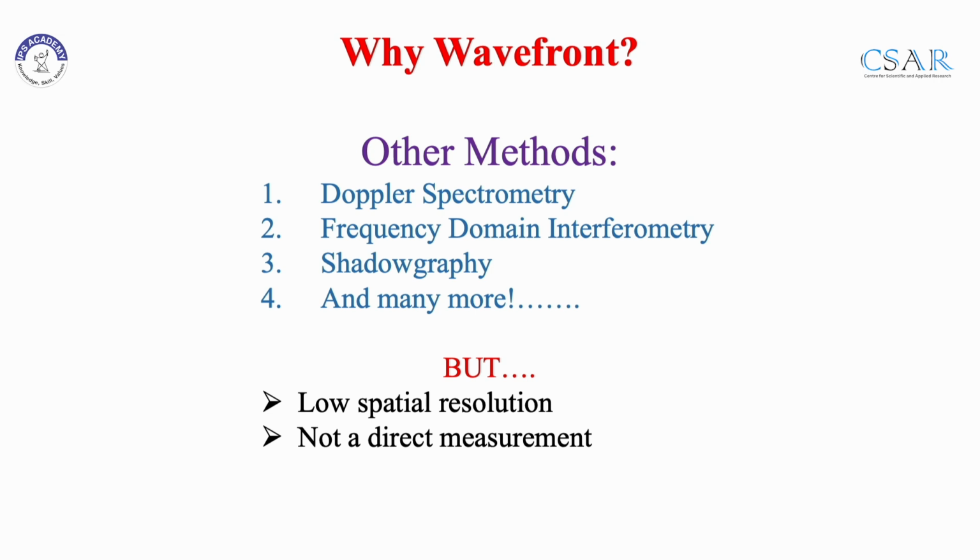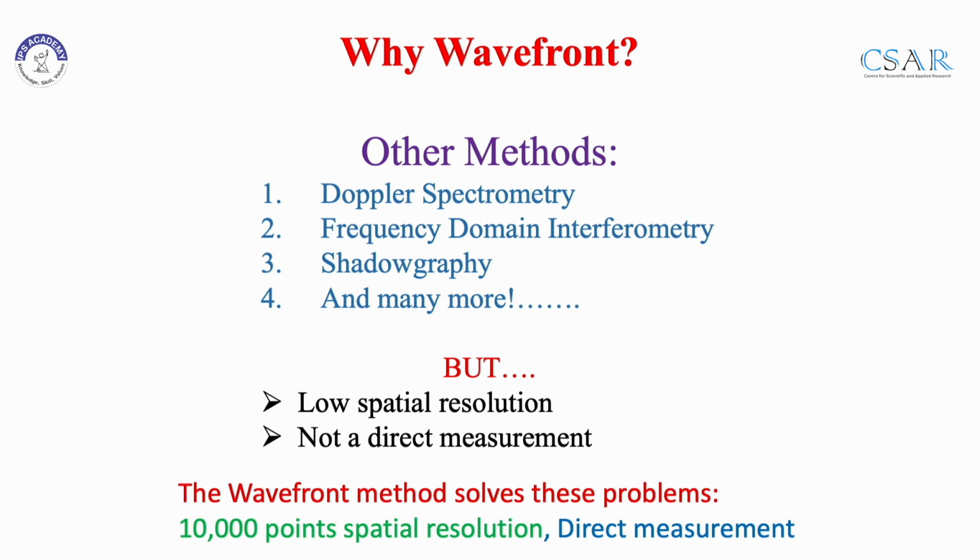But these are not very direct measurements of how we can capture the 3-dimensional thing. Our wavefront measurement actually solves all these problems, and it can give us spatial resolution of around 10,000 points. So in one shot, we can measure 10,000 points on the face of the plasma.